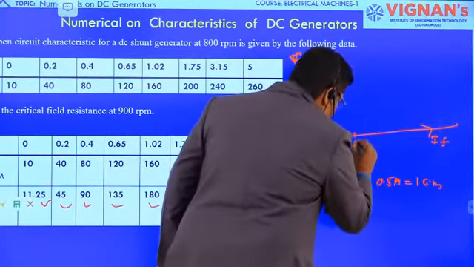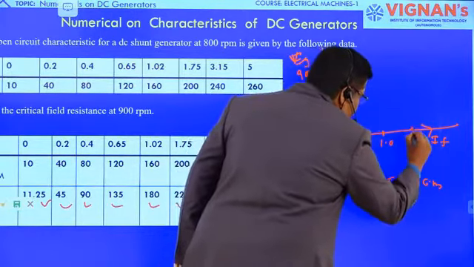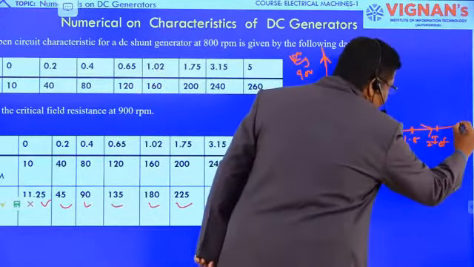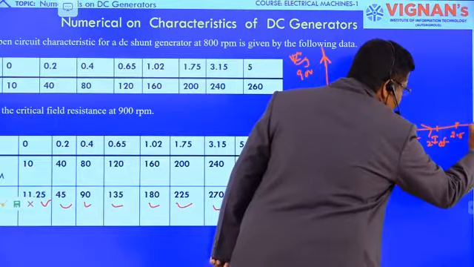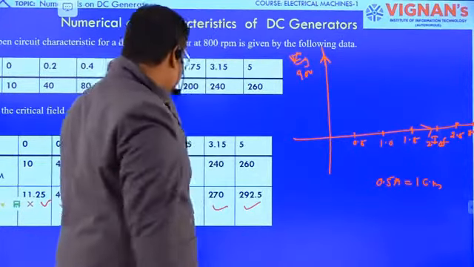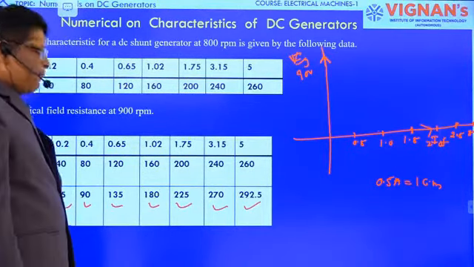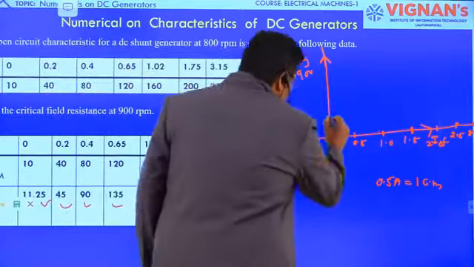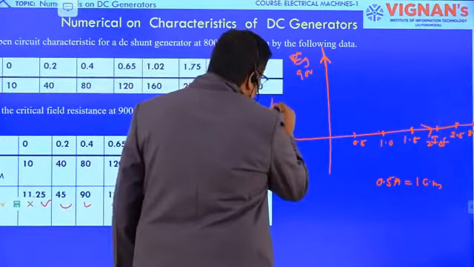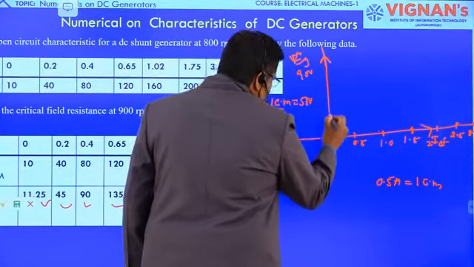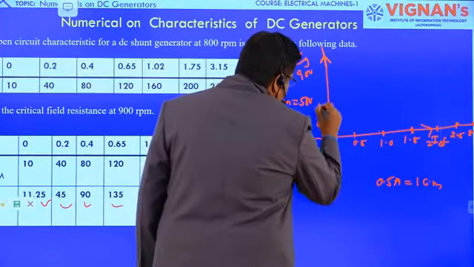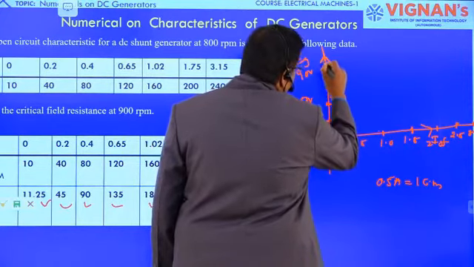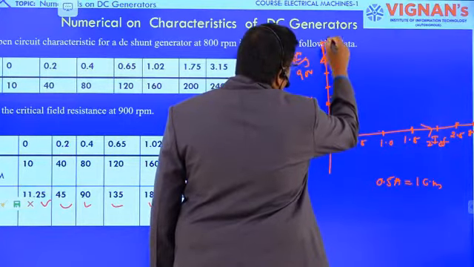This is 0.5, this is 1, this is 1.5, this is 2, this is 2.5, and the final value becomes 3. In the same manner, for the voltage axis I have taken 1 centimeter equal to 50 volts. This is 50, 100, 150, 200, 250, 300.